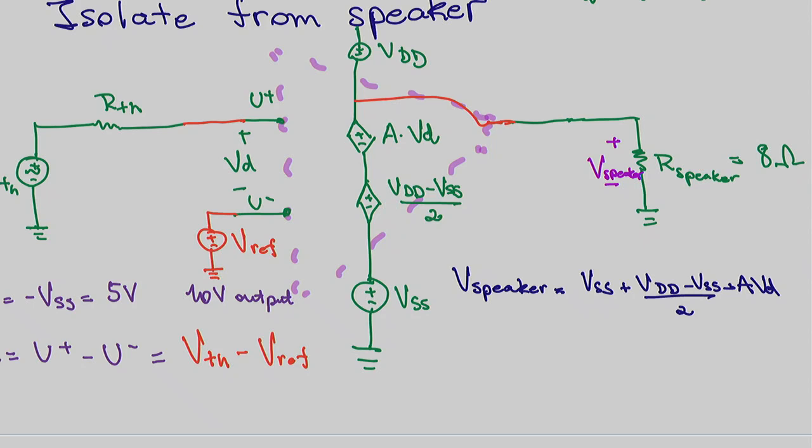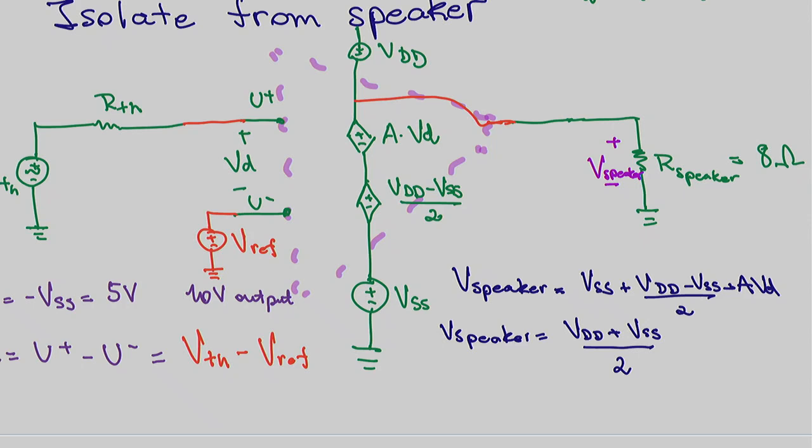Now we can simplify a little bit, and we say that V speaker is going to be equal to VDD plus VSS over 2. What did I do?